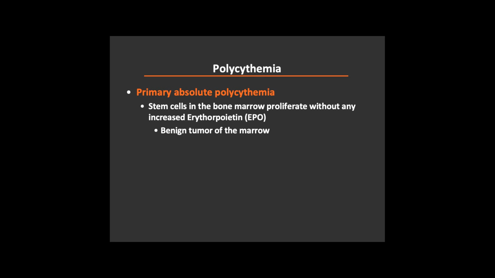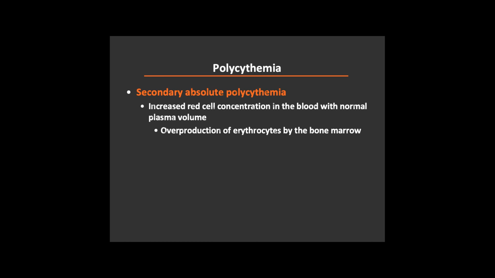So with primary absolute polycythemia, stem cells in the bone marrow proliferate without any signal from erythropoietin. And so this could be, for instance, a benign tumor of the marrow. Secondary absolute polycythemia is increased red cell concentration in the blood with normal plasma volume.